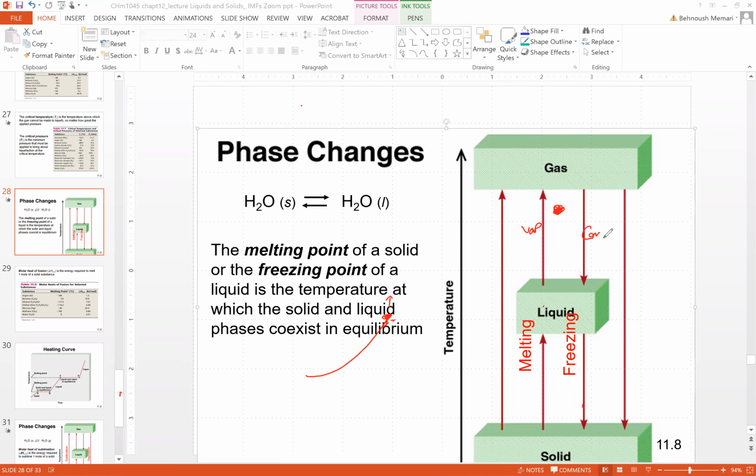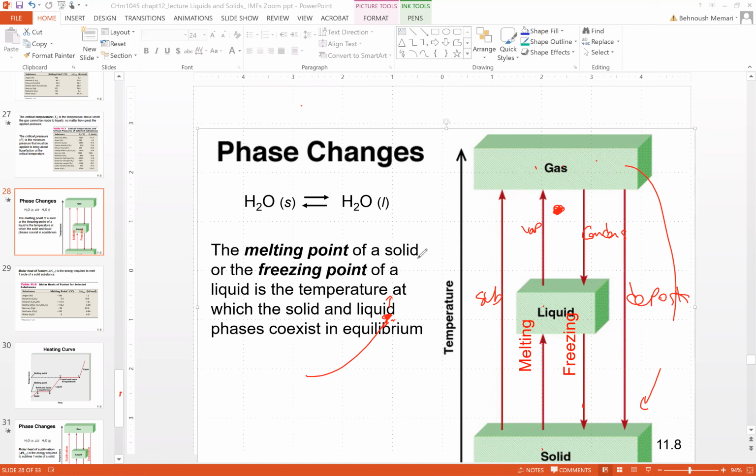And condensation, gas changes to liquid. Sublimation, solid would change to gas without going to liquid. And if it goes back, it's called deposition. Deposition, that would be gas going back to solid without going to liquid.